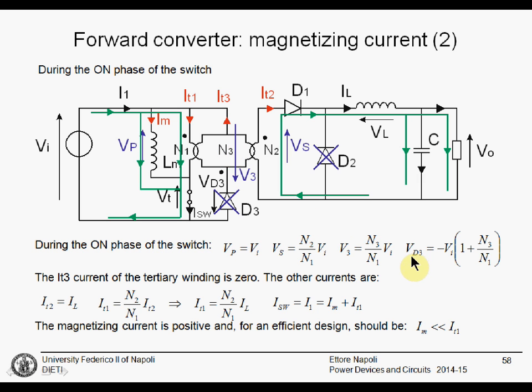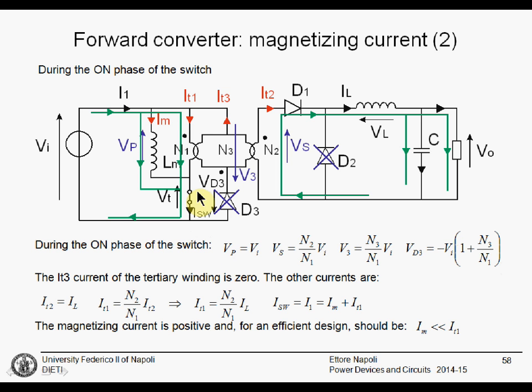If we want to focus on the tertiary winding, V3 will be N3 divided by N1 multiplied by Vi, and this is this voltage. This means that the diode voltage, positive versus the anode, will be equal to minus Vi plus V3, hence minus Vi multiplied by 1 plus N3 divided by N1.